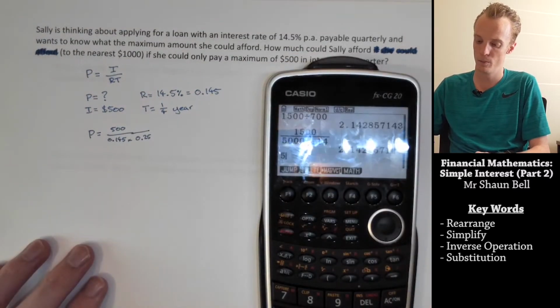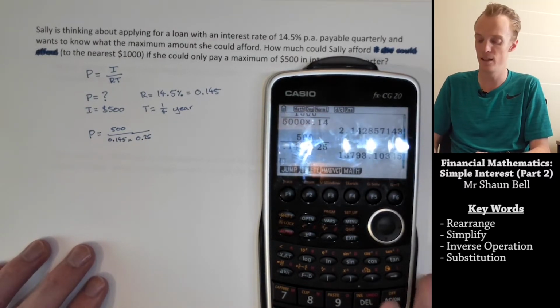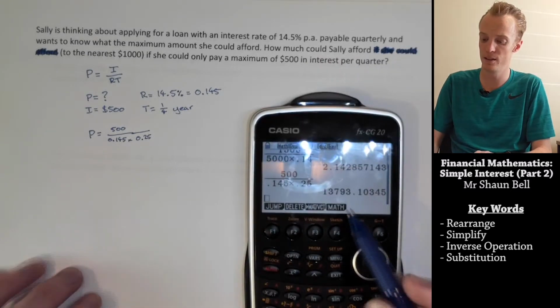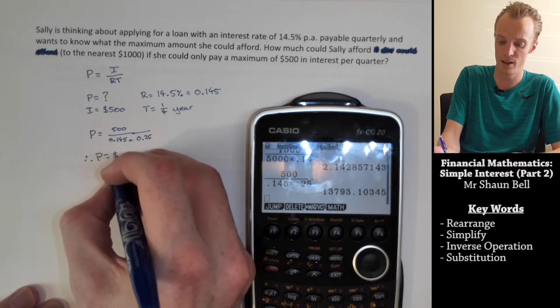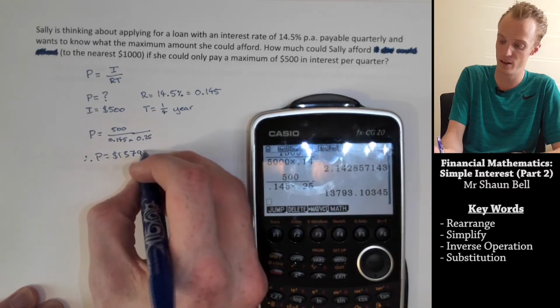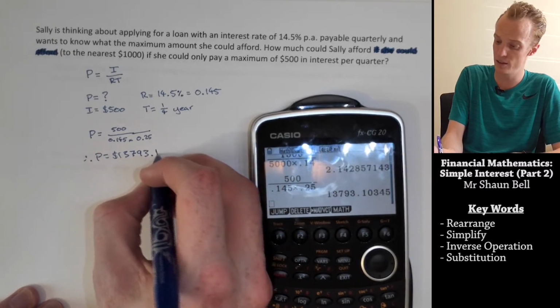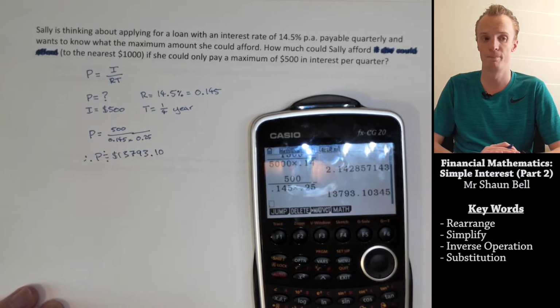Now, we're trying to find 500 divided by 0.145 multiplied by 0.25. Now we find here that our answer is going to be $13,793.10. Now this is an approximate value, so I need to show that.